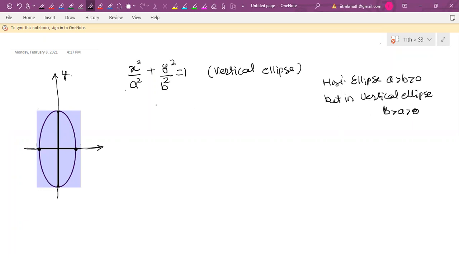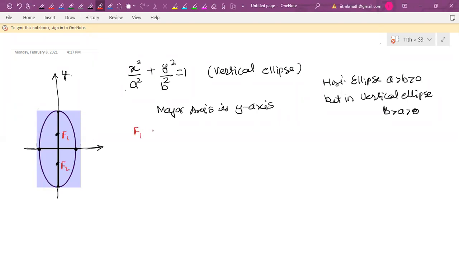And now you know that the major axis is the y-axis in this case. So if the major axis is the y-axis, then the foci will be somewhere here. You can say this one is F1 and this one is F2.